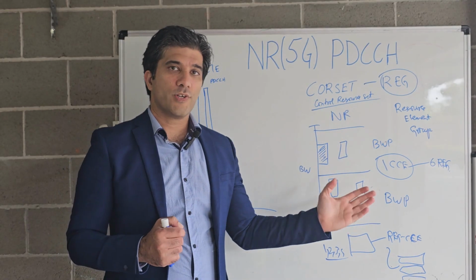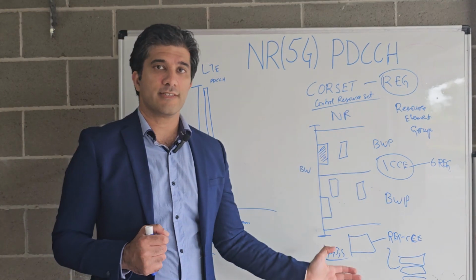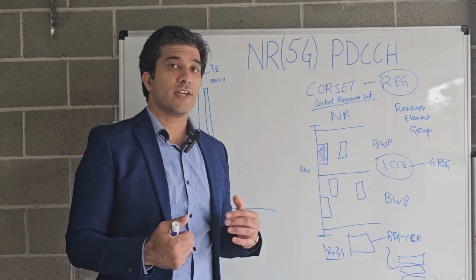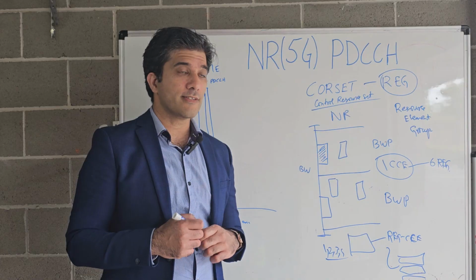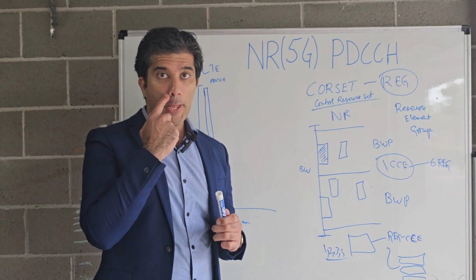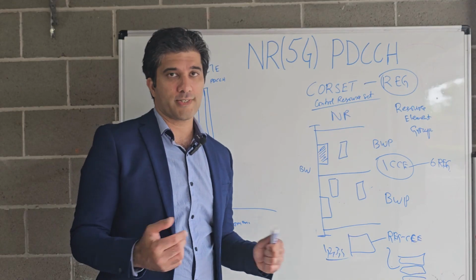On the NR side, we have confined the PDCCH based on CORESET within the bandwidth, and that gives us the advantage of reducing the intercell interference on your PDCCH, improving the PDCCH error rate, and also improving the PDCCH performance.